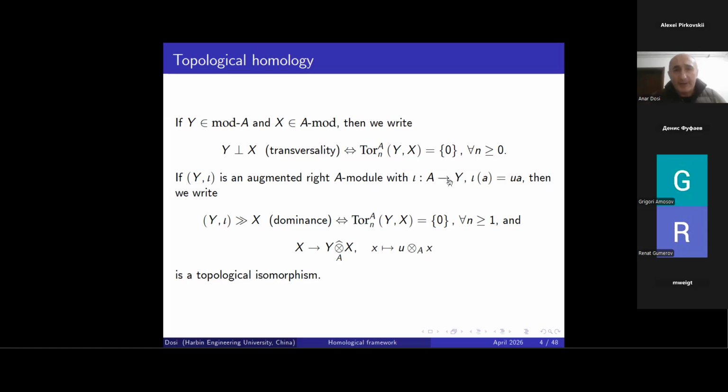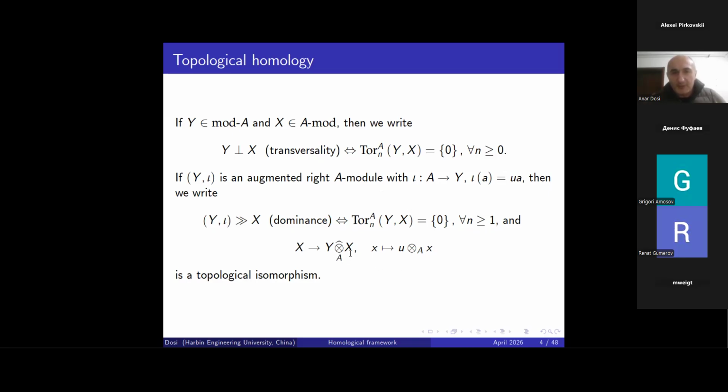And another one: if Y is an augmented right module, look at this augmentation, the map for a fixed vector u in Y. Then we define dominance like that: this augmented module dominates over X if, by definition, again, the groups vanish for all n greater than or equal to 1.